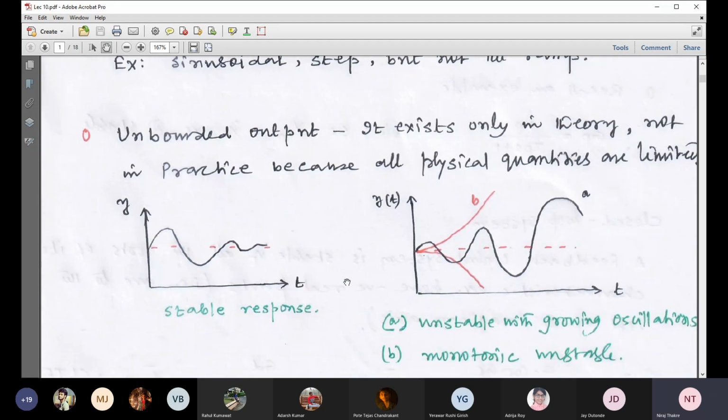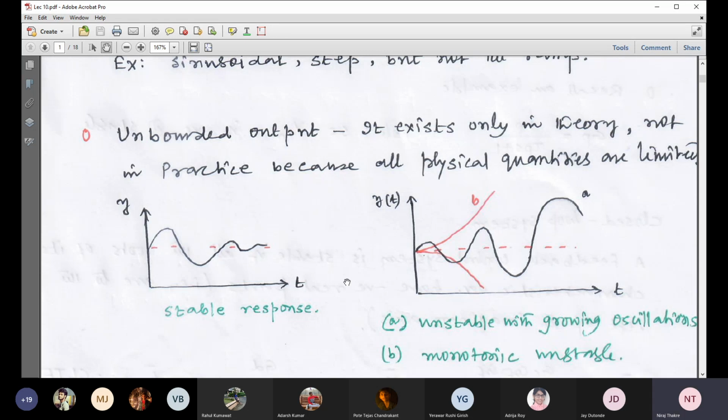Let us consider two different cases, you see. In the left hand side, what is shown, it is a stable response because you see this amplitude is gradually decreasing. Oscillation with decreasing amplitude in the left hand side. Thus, it is stable response.